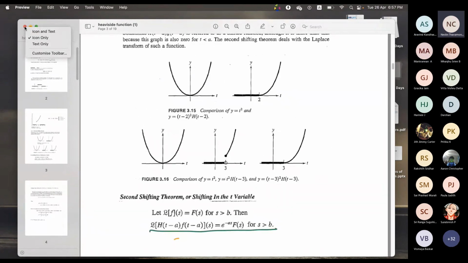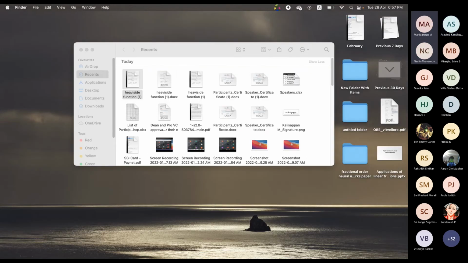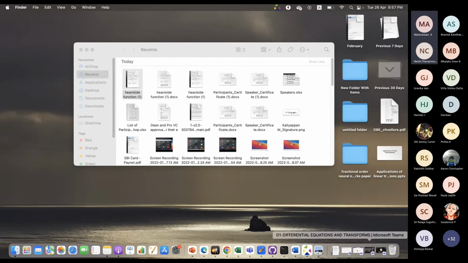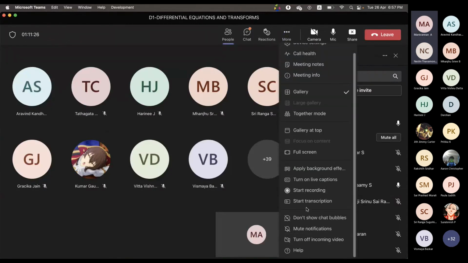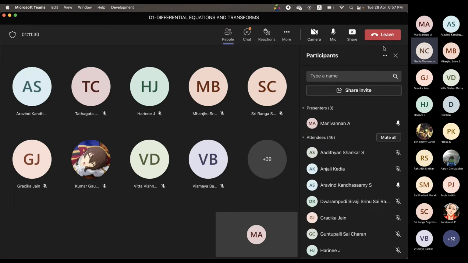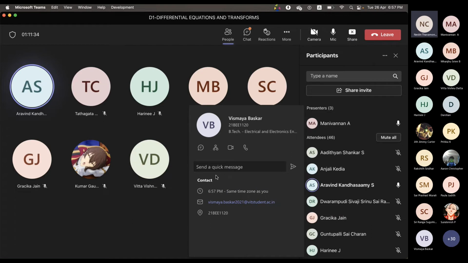The thing is, module number four is partially covered. The unit step function and unit impulse function, which was the basic concept, is available in our third module.